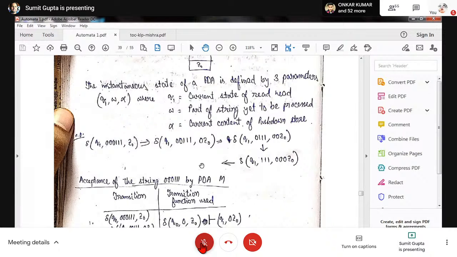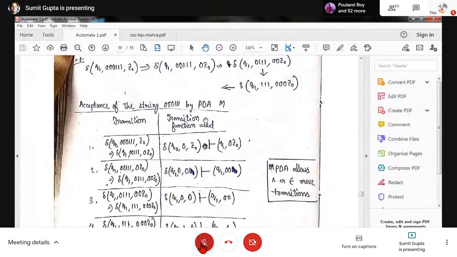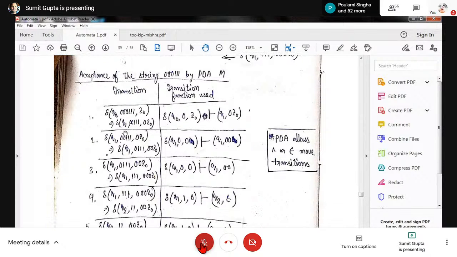Is it clear? Basically, if we try to formulate that using the transition function rules, it will look like this. Firstly we have del of Q0, 0 0 0 1 1 1, Z0. And that would give me del of Q1, 0 0 1 1 1, 0 Z0. That was the first condition. And which function have we used?